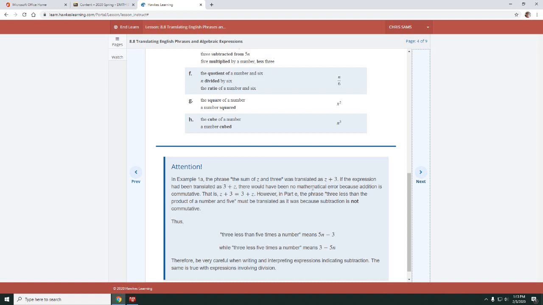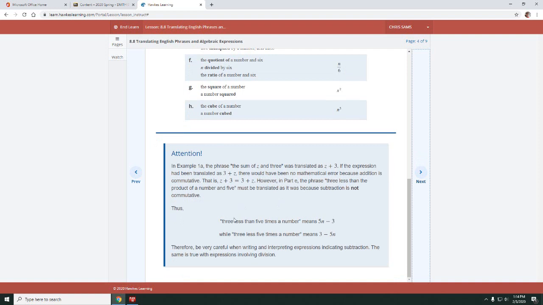There's no problem with that because addition has the commutative property, which means you can write it both ways. This is what they're showing you here. However, subtraction and division do not have that same property. So whenever you do division and subtraction, you have to go in the order that they were given.